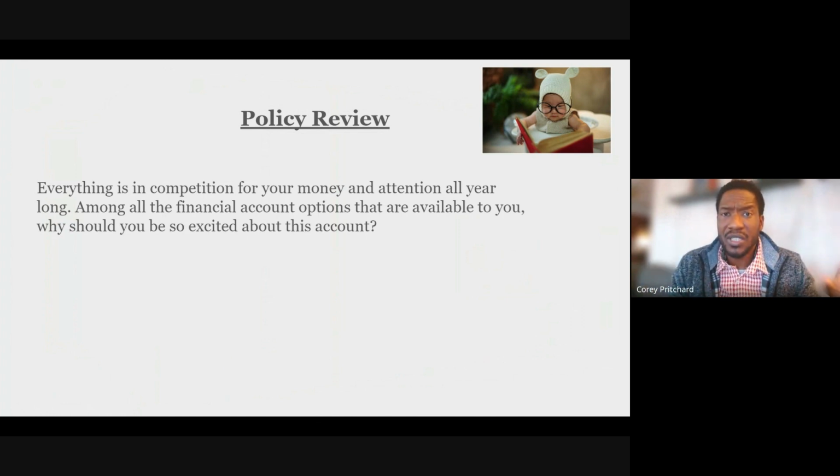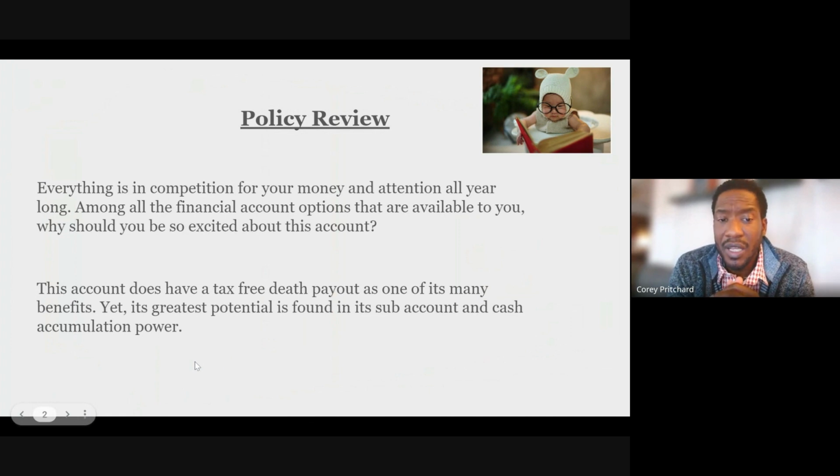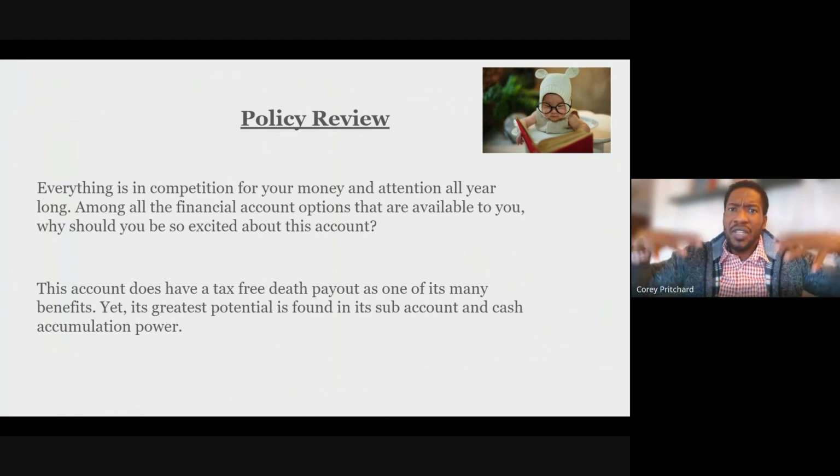With all the competition that you have for your money, why should this be a place that you want to put some of that money? Okay, so that's what we're going to look at today. So this account does have a tax death benefit payout. That's the reality of it. It is a life insurance policy, but what I want to do is help to expand that out more.